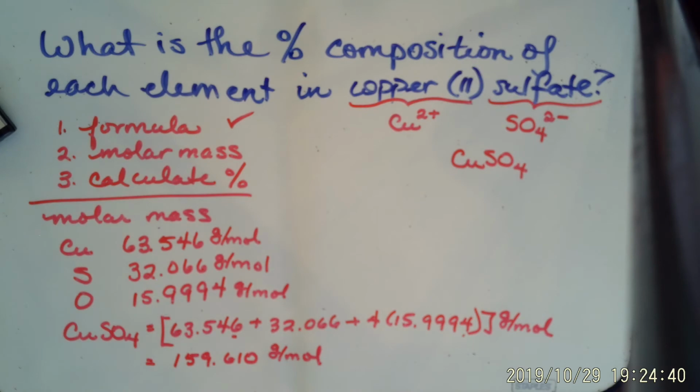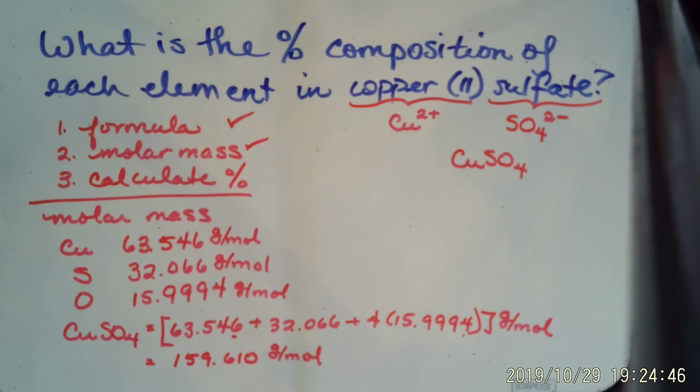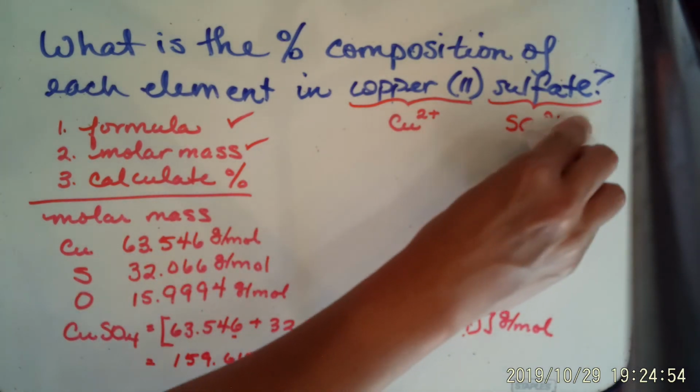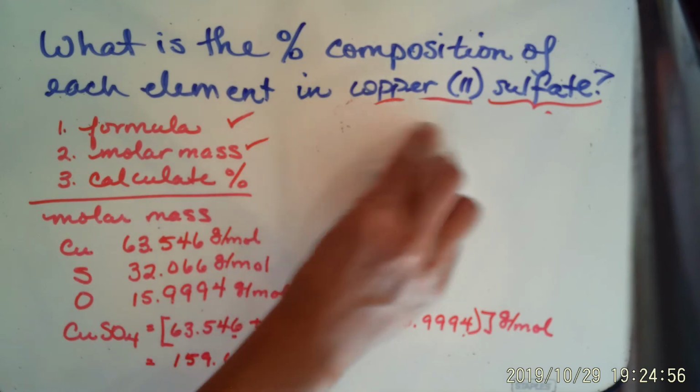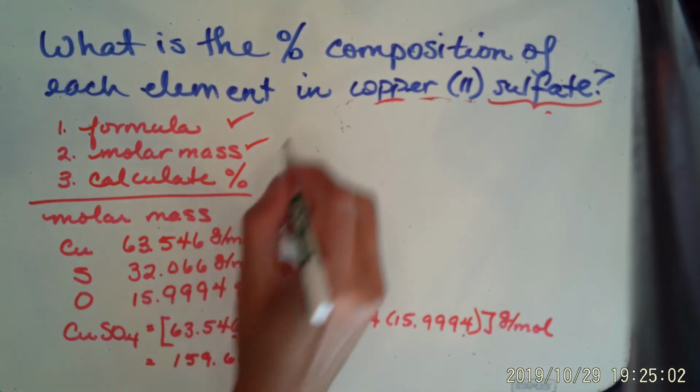Okay, so now that we have all our molar masses, now we can start calculating the mass percents, the percent composition for copper II sulfate. Okay, so let's do the copper first.